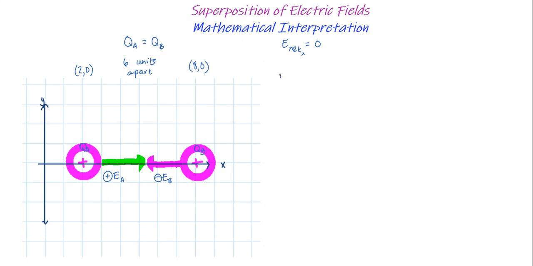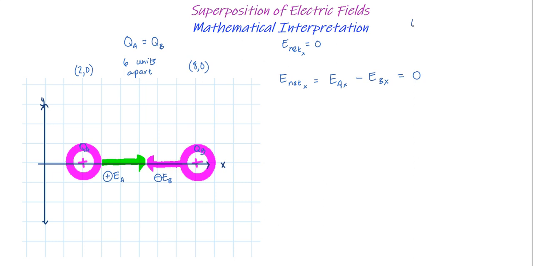So the net electric field in the x dimension is equal to EA in the x, minus EB in the x, and that's all going to add up to 0.